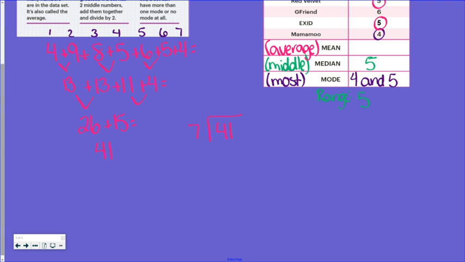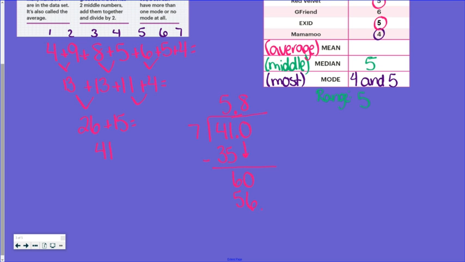So 7 does not go into 4. 7 into 41 is 5. So 7 times 5 is 35. When we subtract that, we're left with 6. We're going to add that decimal and bring down the 0. 7 into 60 is going to be 8 times.